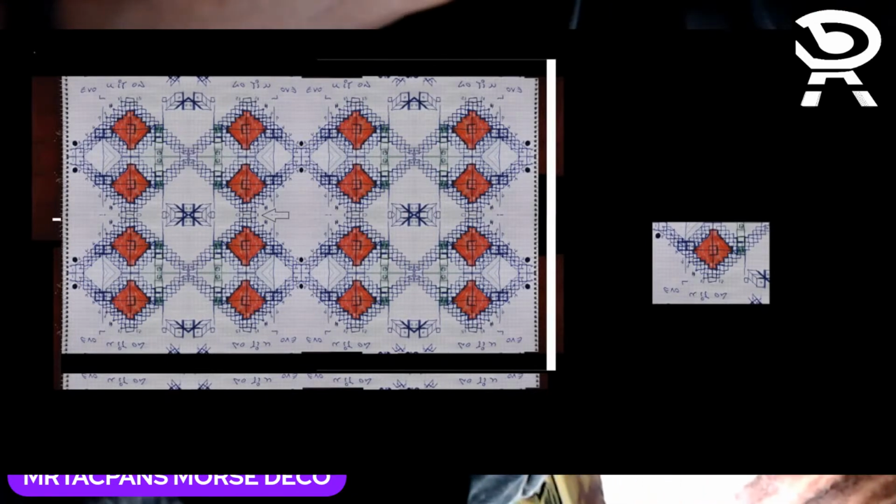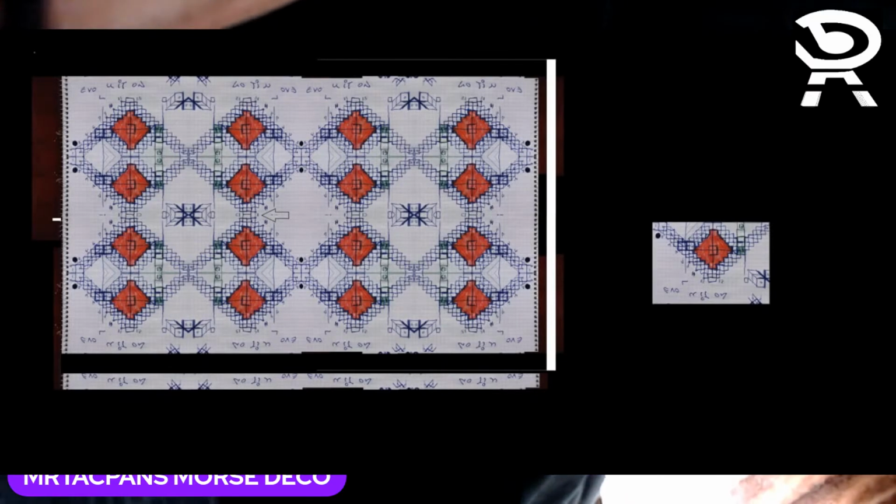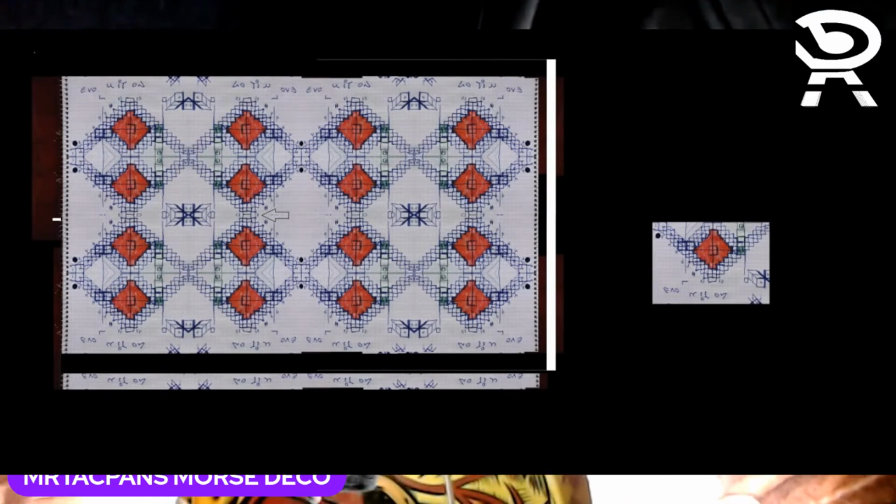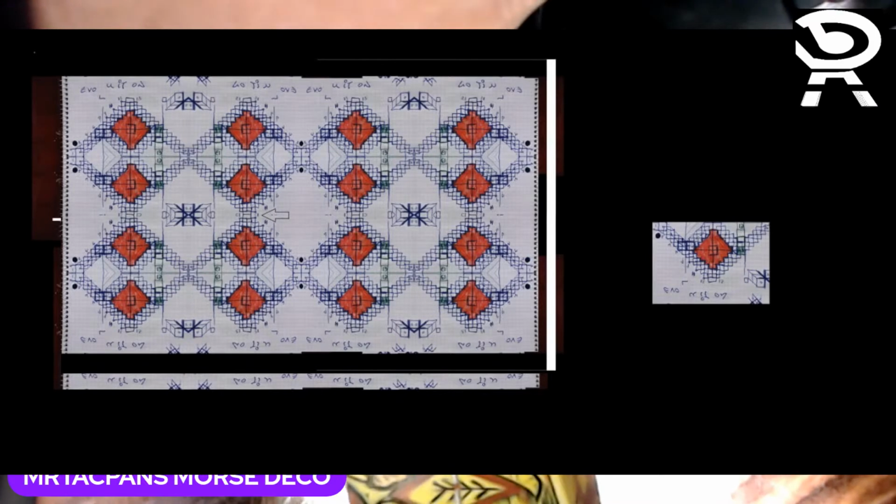Just give me a second. I have to do something. Just keep watching that. I'm going to be doing something in Paint. See if I can show you this piece here. Okay, I got it set up.